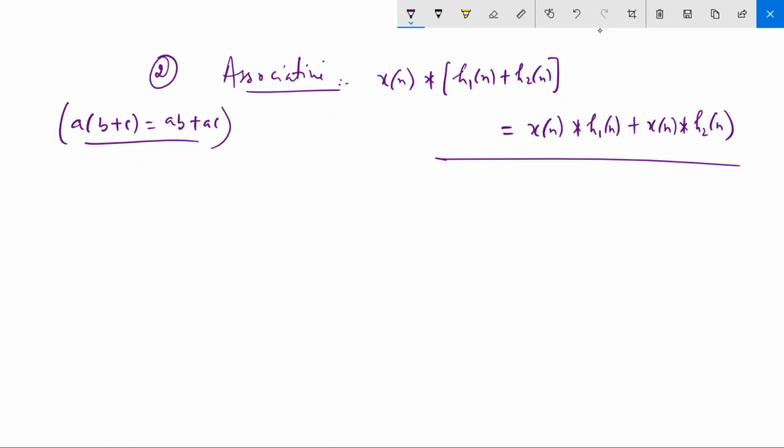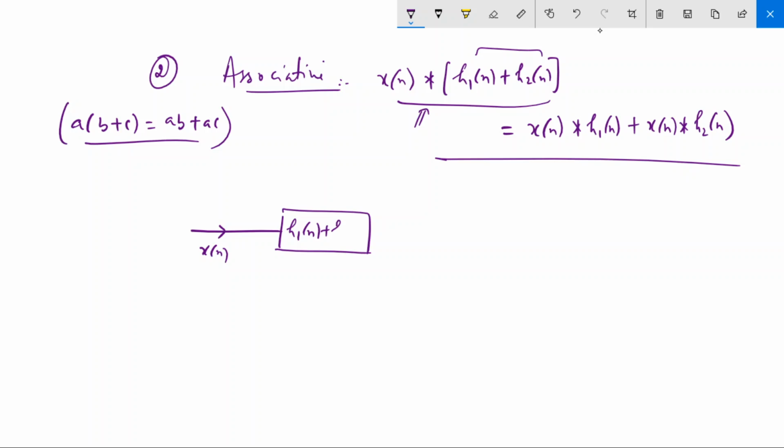Okay, so if you interpret this equation, on the left hand side you are finding the convolution of x[n] with h1[n] plus h2[n]. It means x[n] is the input and the response of the system is h1[n] plus h2[n]. The output of this is your left hand side.